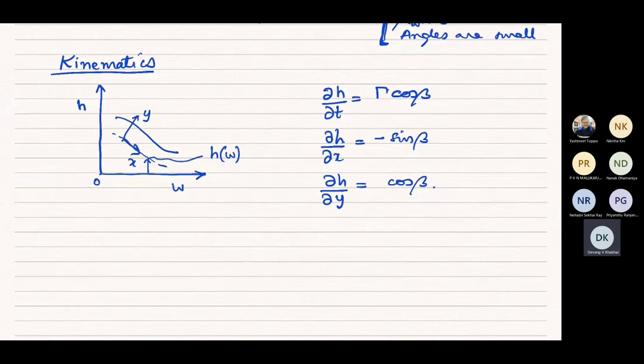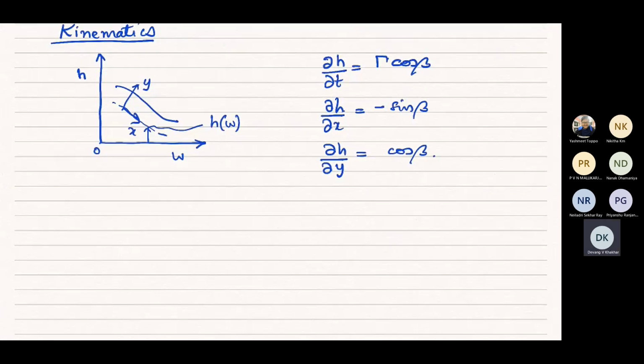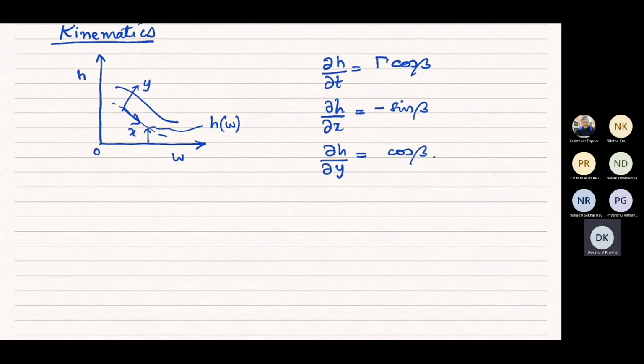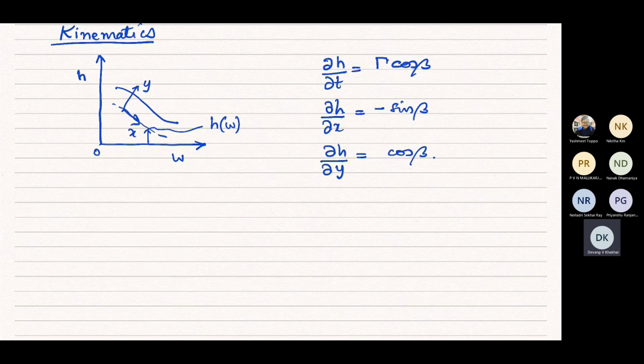So now we have three more equations. Now we need to solve. The unknowns are u, delta, and gamma, which we had before.